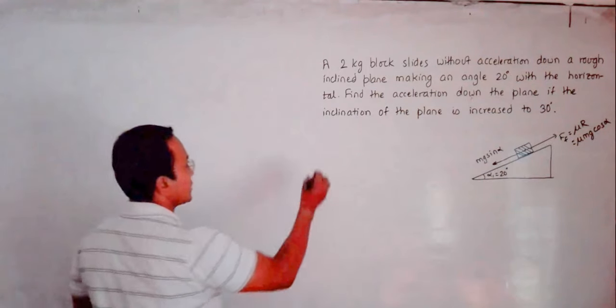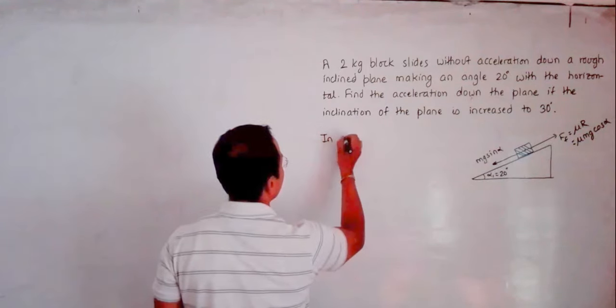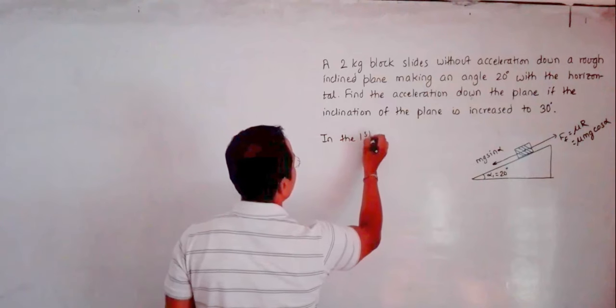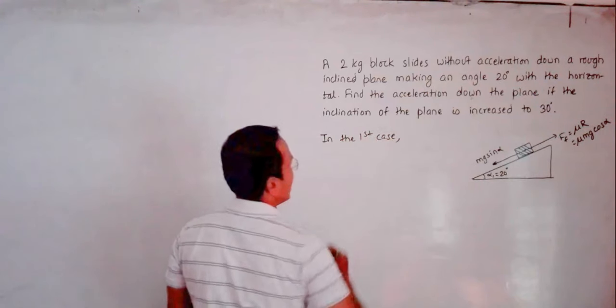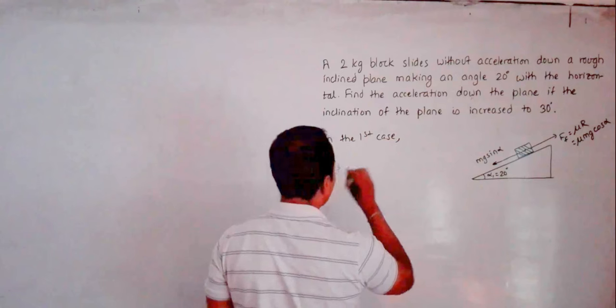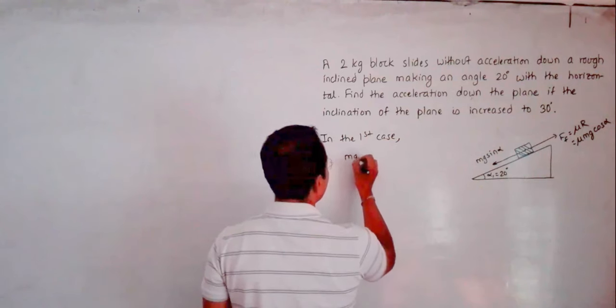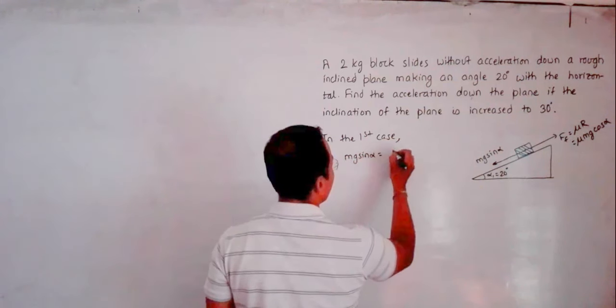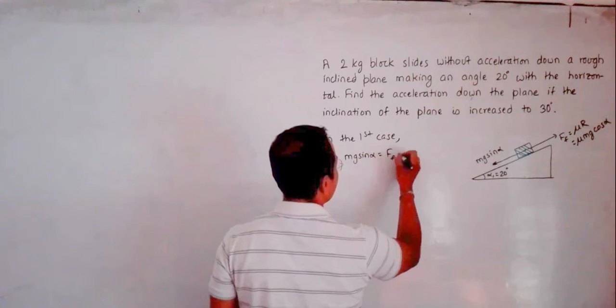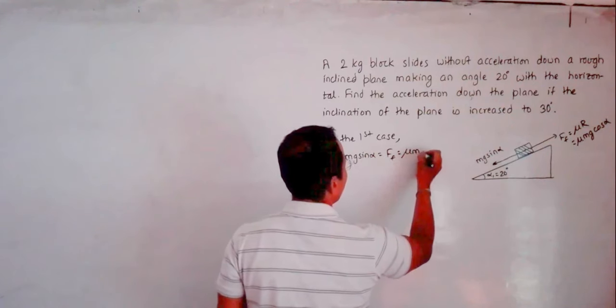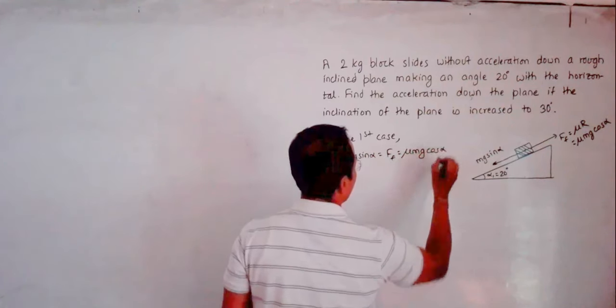So in the first case we must have mg sine alpha equal to the frictional force, that's equal to mu mg cos alpha.